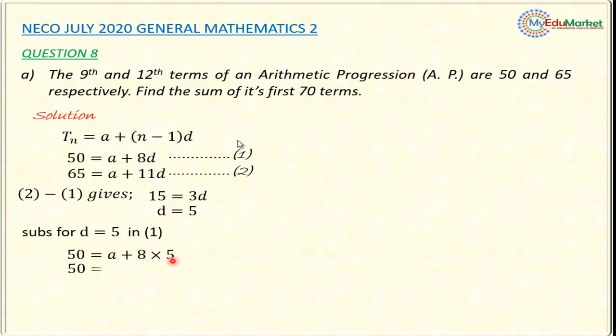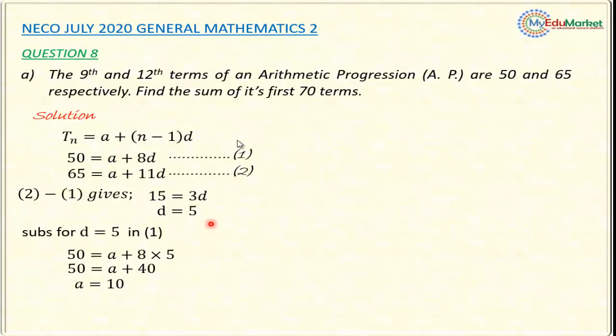So I multiply: 50 equals a plus 40. Taking 40 to the other side, a equals 10. So the very first term is 10 and the common difference is 5.